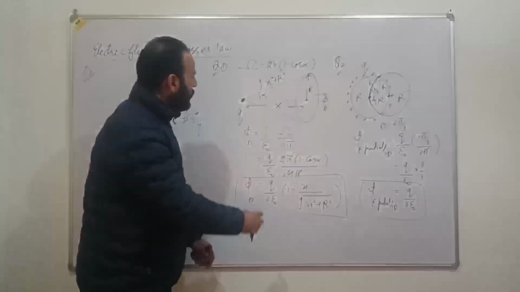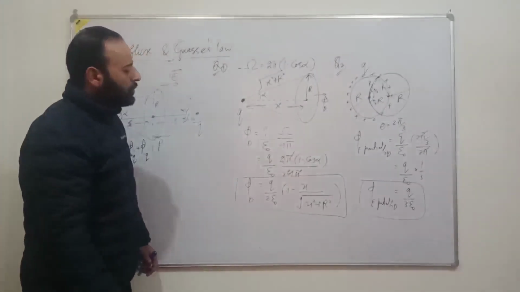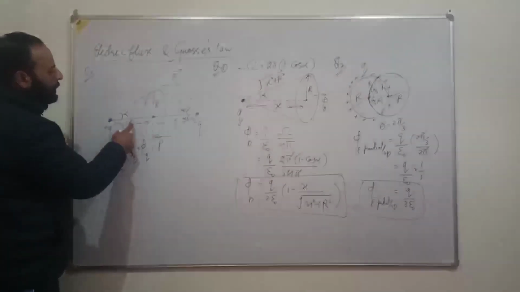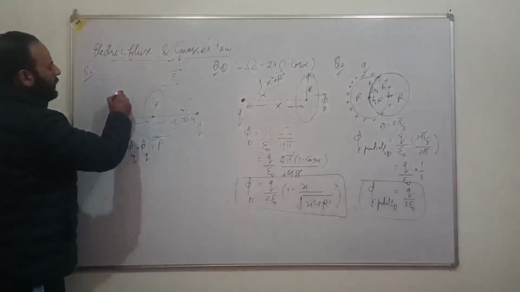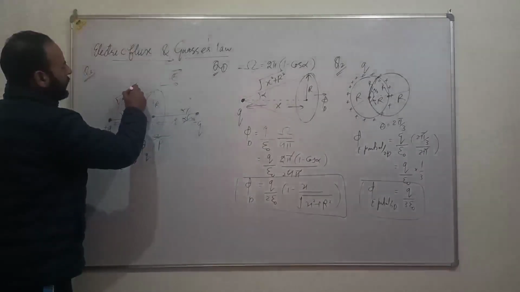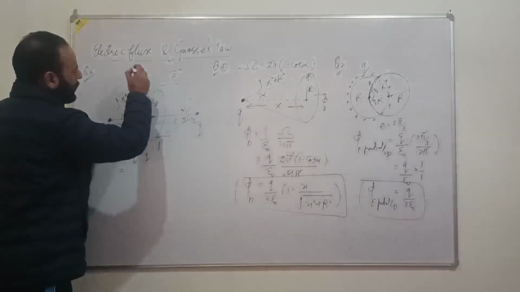So the flux due to plus Q is just like we have calculated here for one charge. If it is R, this is R, so this will be under root of R square plus R square, right?